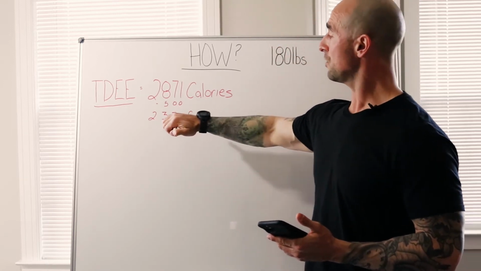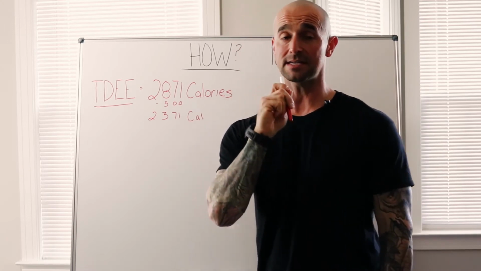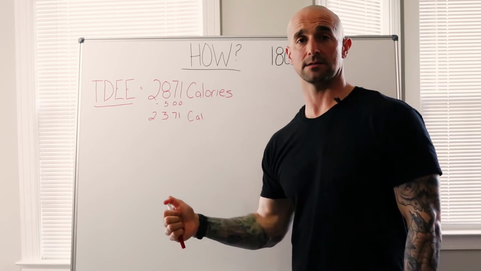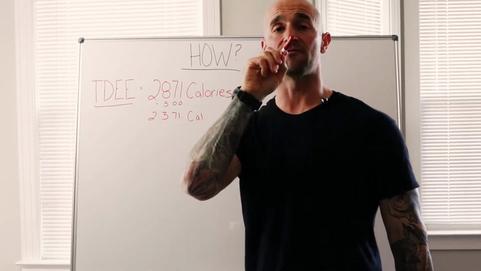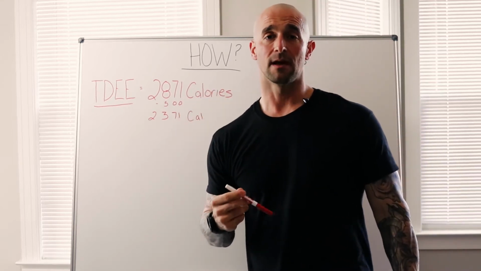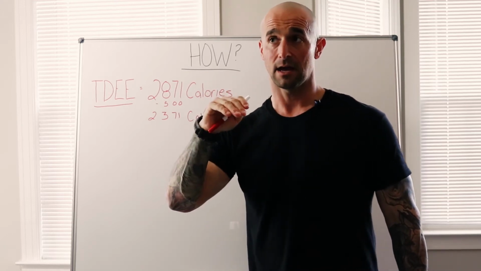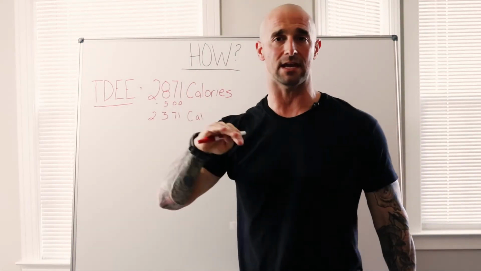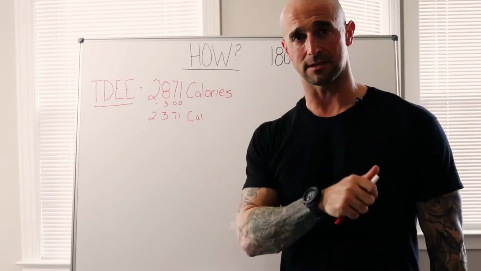So I know that if I eat this 2,300 now every single day consistently, that I am going to lose weight or I'm going to maintain my same weight, which is very, very important. I know we're talking about weight loss, but you have to understand what your line is, how much you can eat. You want to eat as much as possible without gaining any weight, so you can figure out exactly what your maintenance is.